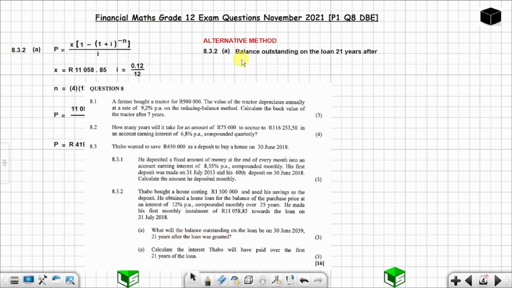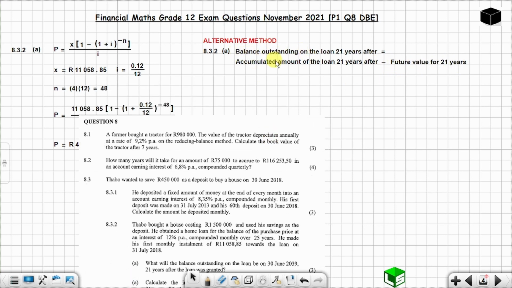You are going to take the balance outstanding on the loan 21 years after is equal to the accumulated amount of the loan 21 years after, minus the future value for 21 years.